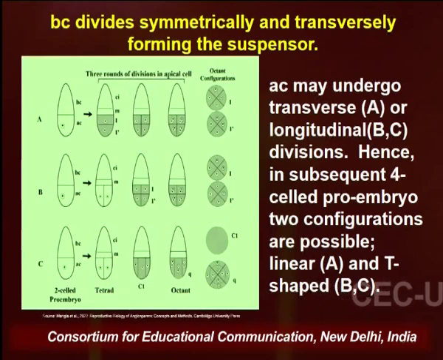If the apical cell, instead of undergoing a transverse division, undergoes a longitudinal division, as you see in the lower two figures, then in the subsequent 4-celled pro-embryo 2 configurations are possible: a linear configuration, which you see in A, and a T-shaped configuration in the rest, that is in B and C diagrams.